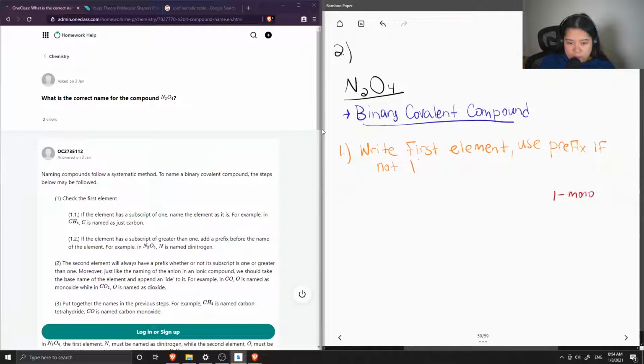1 is mono, 2 is di, which is what we'll be using, 3 is tri, 4 is tetra, 5 is penta, 6 is hexa, 7 is hepta, 8 is octa, 9 is nona, and 10 is deca.